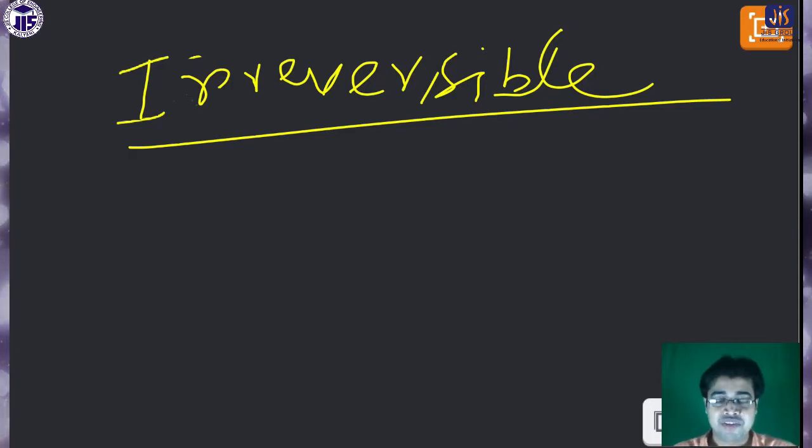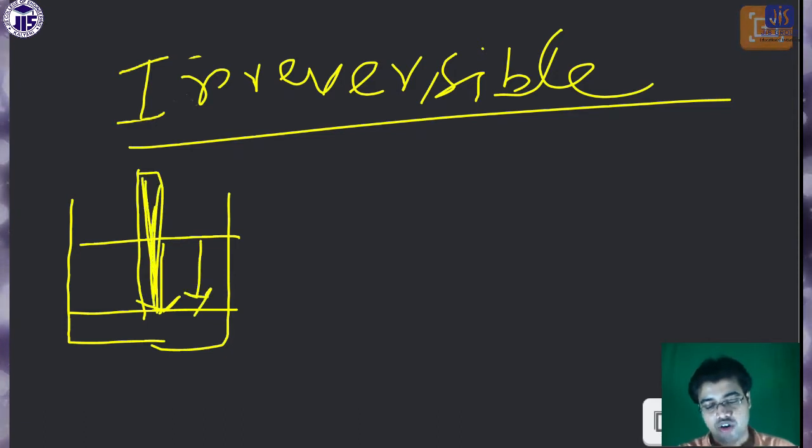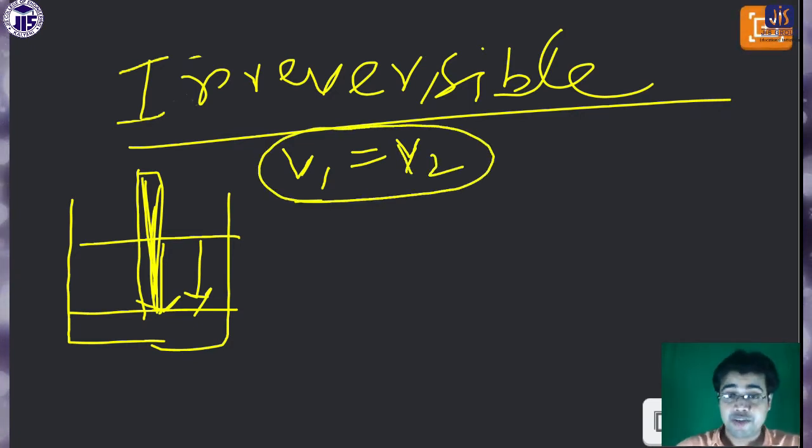That means the opposing force is very low with respect to the driving force. So that indicates that here directly the change occurs from here to here in one step. If we apply the force here, directly the change occurs from V1 to V2. If the change occurs from V1 to V2, then there is no requirement of this kind of small steps. So directly we can get the change.